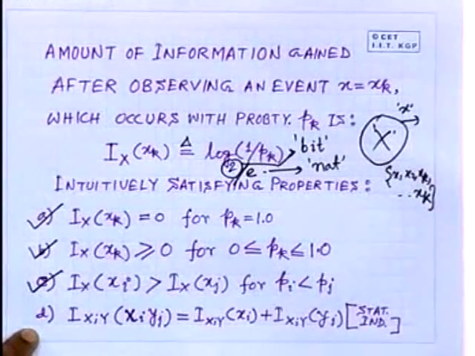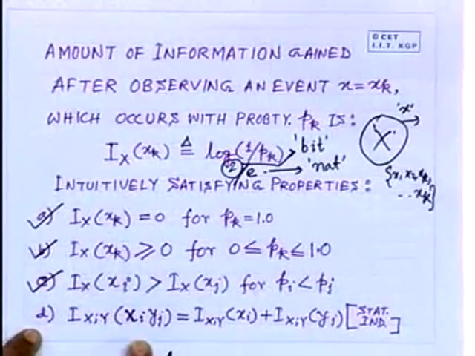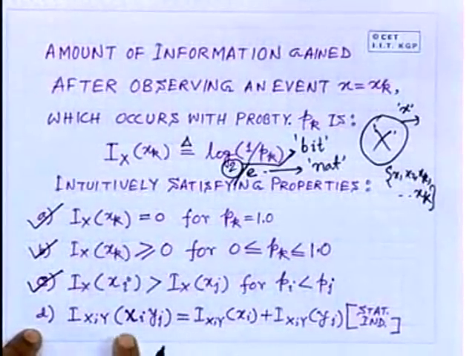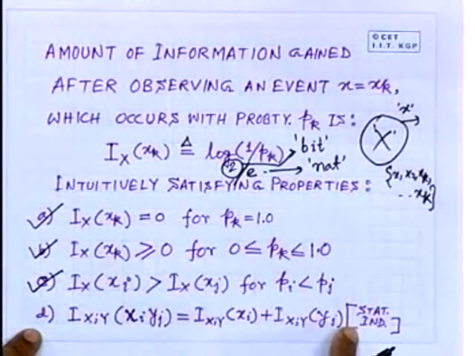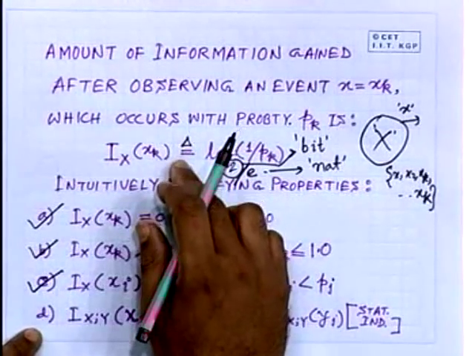That means information by nature at least is additive when the two experiments are statistically independent, and that is what is indicated by the last point, that the information over a joint experiment is really additive especially when the experiments are statistically independent. So, this definition hence is acceptable.